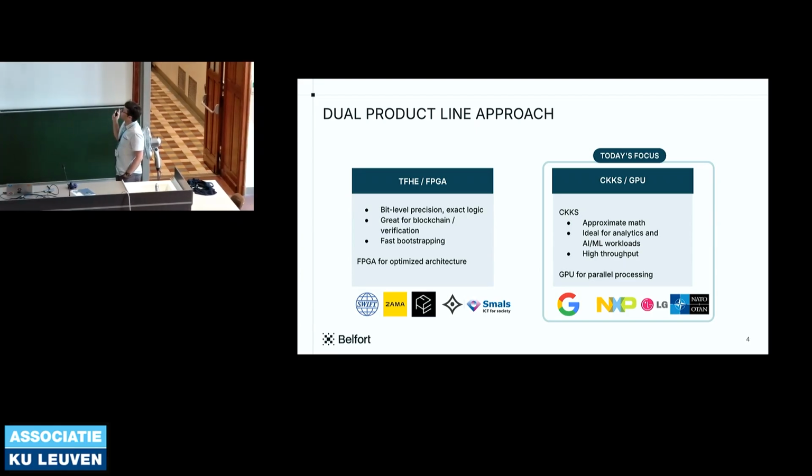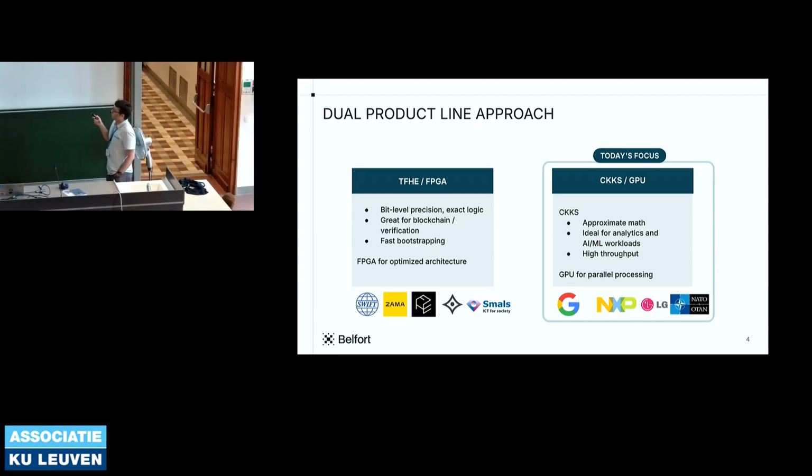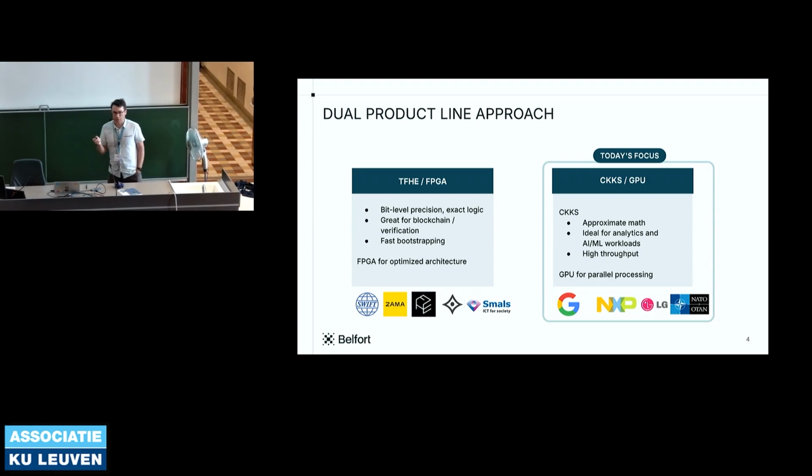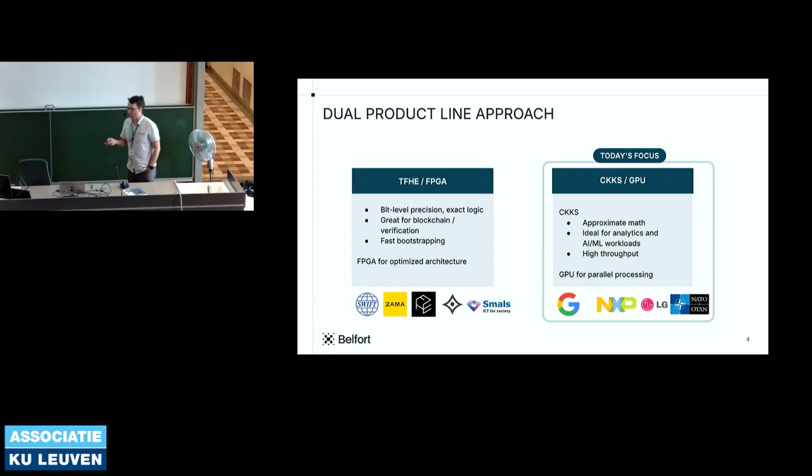If you want to write your FHE program using the TFHE scheme, it's better suited if you need bit level precision. Then you have another scheme, CKKS, which is the one I'm going to talk to you about. This one we accelerate on GPU because it's a better suited platform.